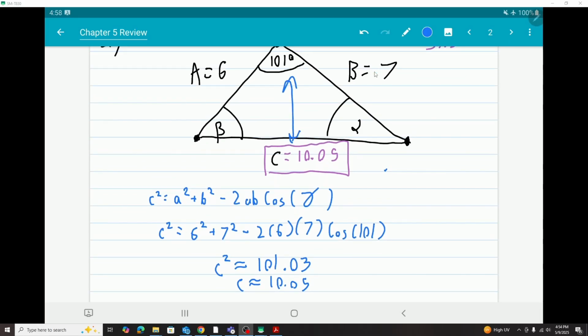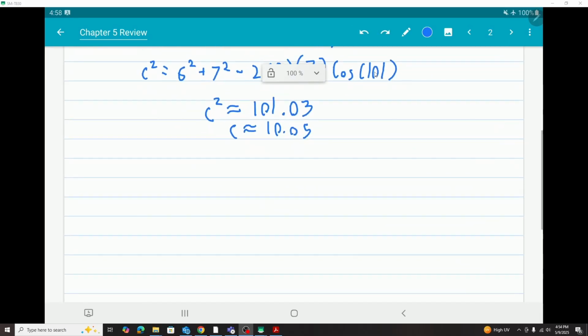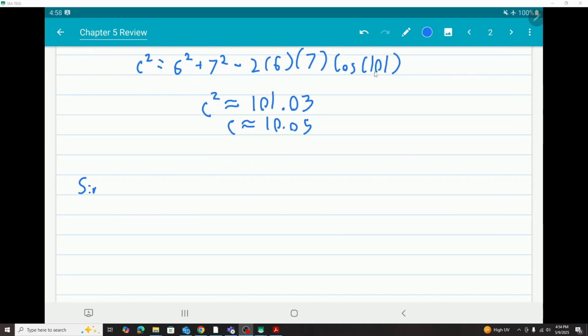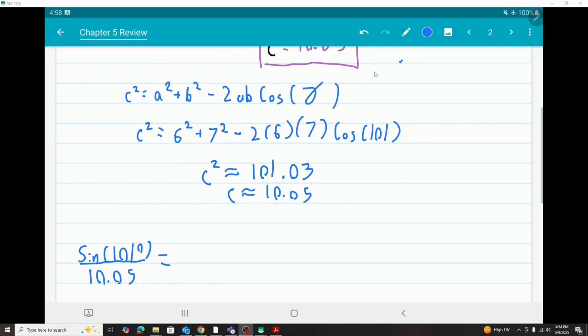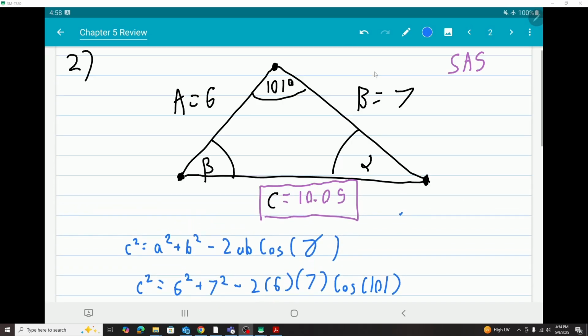So I'm going to use this pair, 101 degrees and 10.05. So sine of 101 degrees over 10.05. That's a pair there. And now if I want to find beta, it's sine of beta over, and then b is 7.